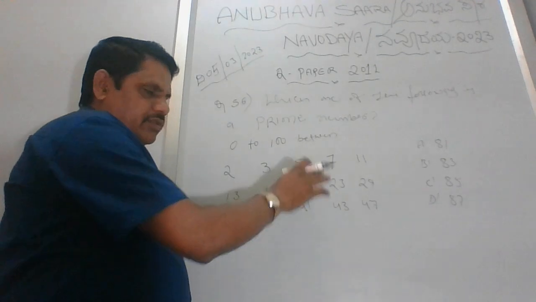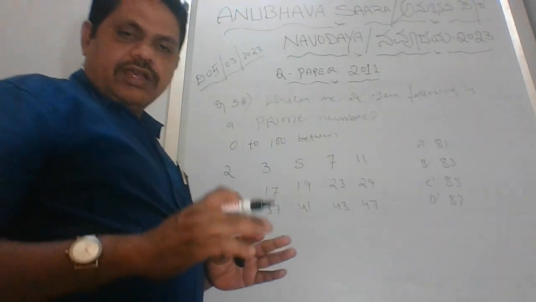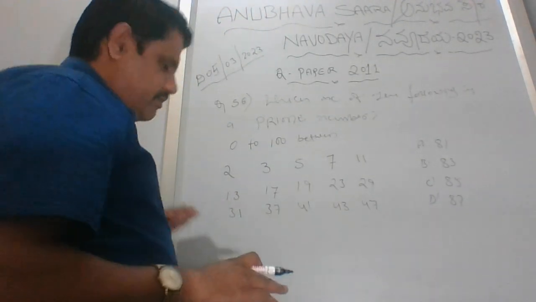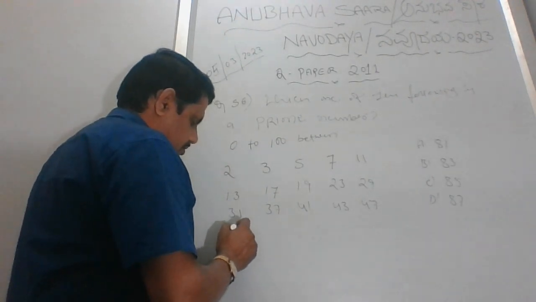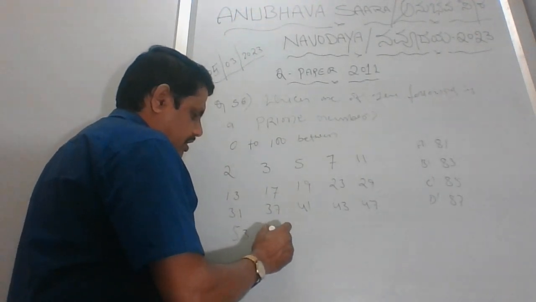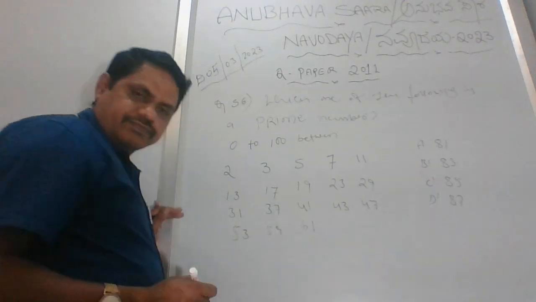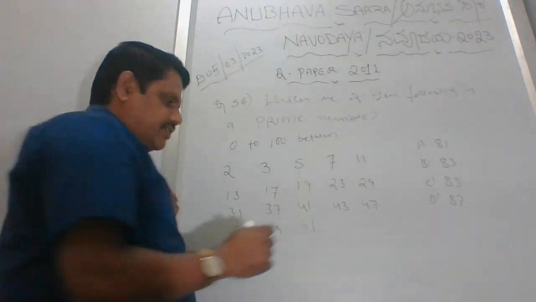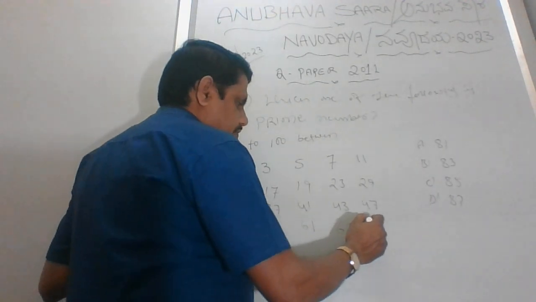I'm writing in a column-wise manner so you can understand easily. 53, 59, 61, 67, 71.